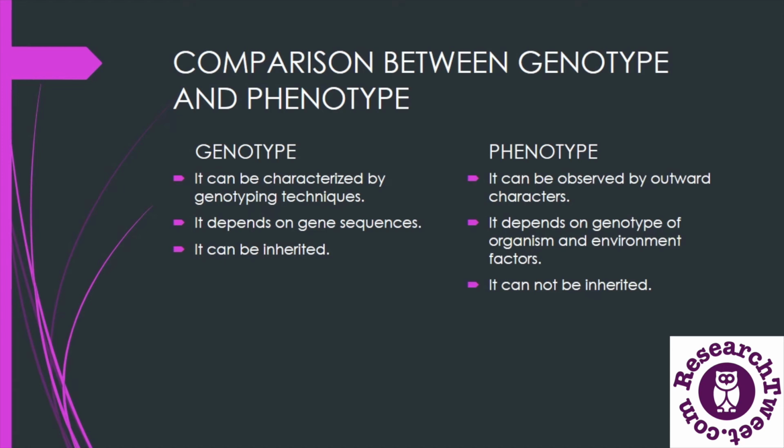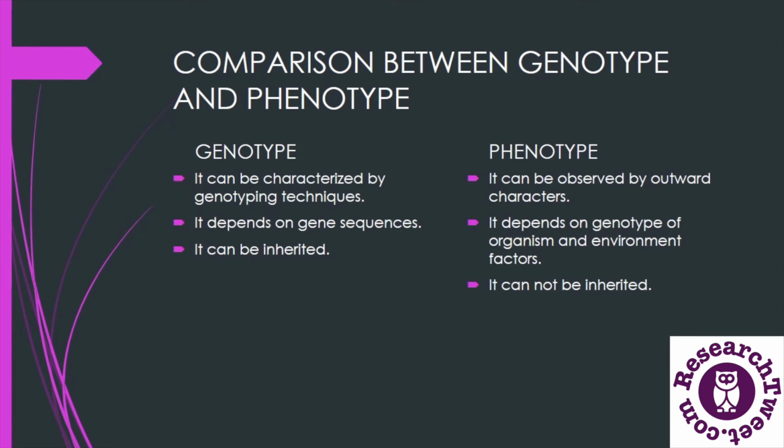Now, let's understand some other differences or comparison between genotype and phenotype. In this comparison table, we can compare both terms on the basis of their characterization, dependence, and inheritance. Here we can see the genotype of any organism can be characterized by genotyping techniques like polymerase chain reaction and many other techniques, while the phenotype of any organism can be observed by outward characters like physical characters, its hair color, eye color or skin color, and many other characters which can be observed by our eyes.